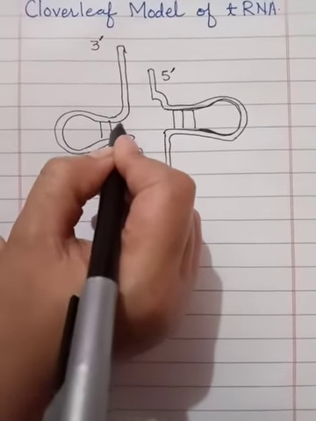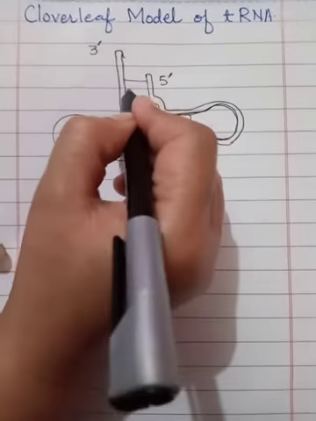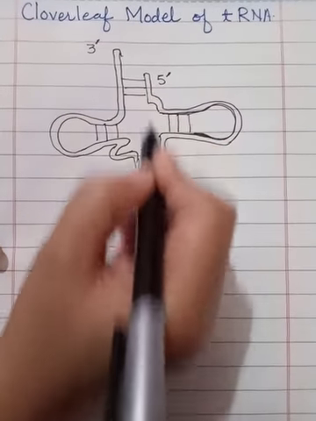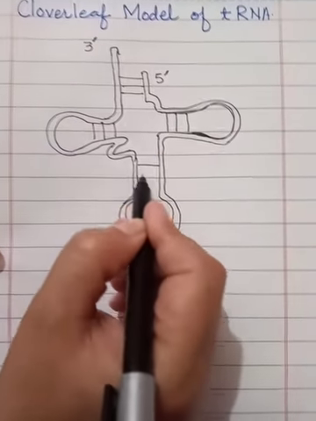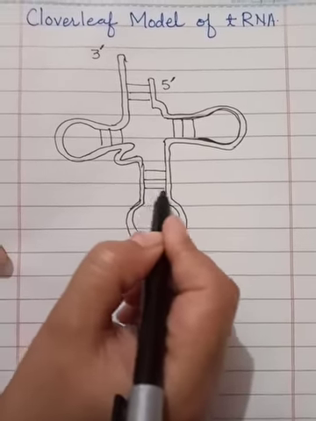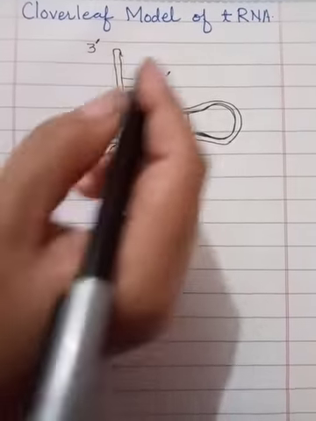These are temporary hydrogen bonds and it appears like double-stranded, but actually it is a single-stranded molecule.